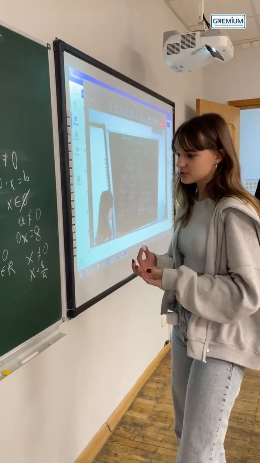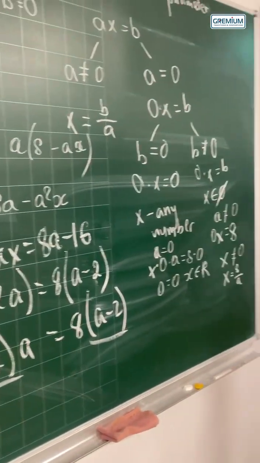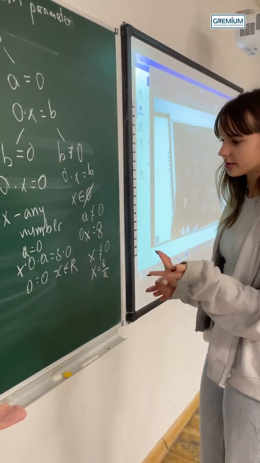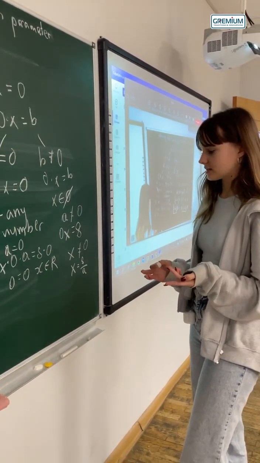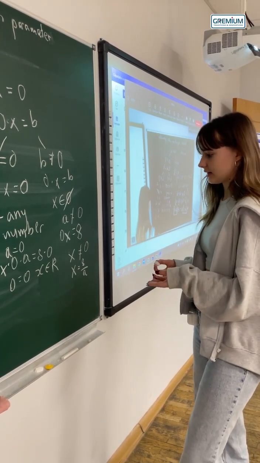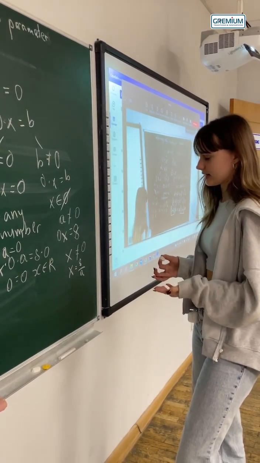So if you want to solve the equation, we have 3 options. The first is when a equals 0, so it means that x times 0, and it's a times 0, so 0 equals 0, so x is any number.